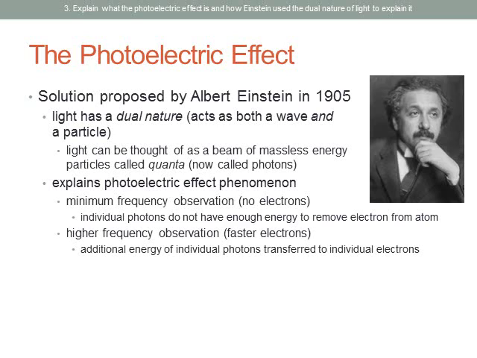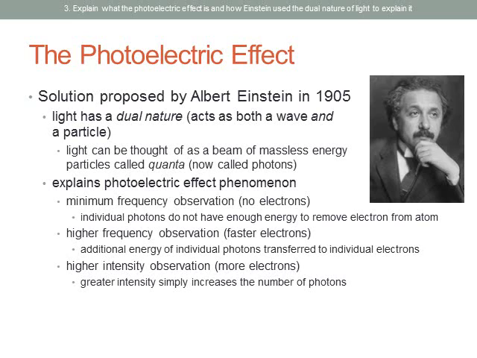And then finally, the last observation, the higher intensity observation, which gave us more electrons, was simply this. If you have a greater intensity light, that simply means there's more light. In other words, there's more photons. Now, the total amount of energy is more because there's more light, but the individual photons still have the same amount of energy.